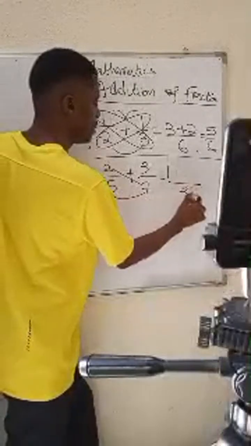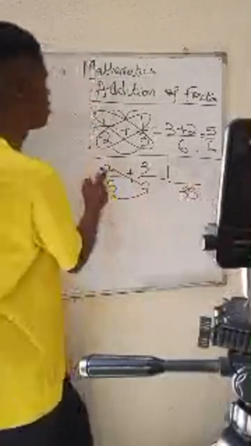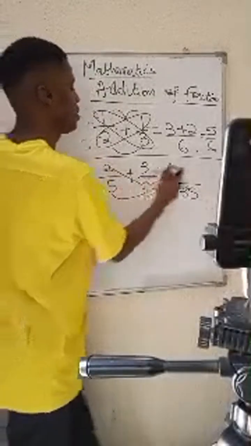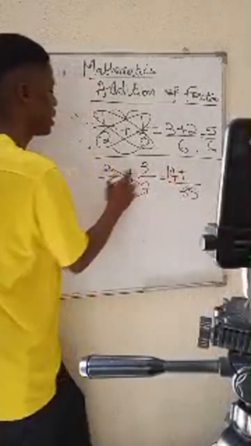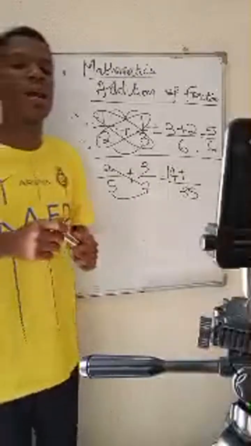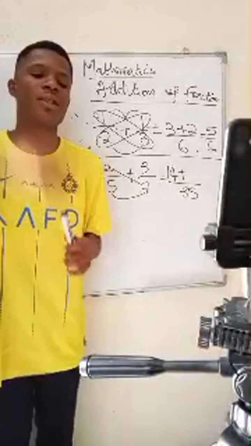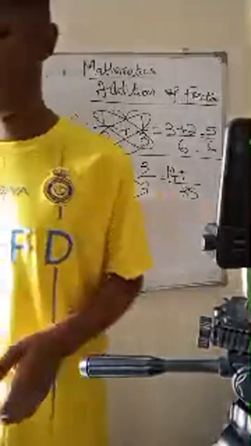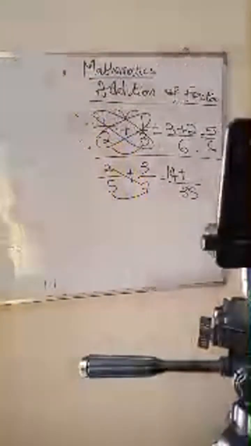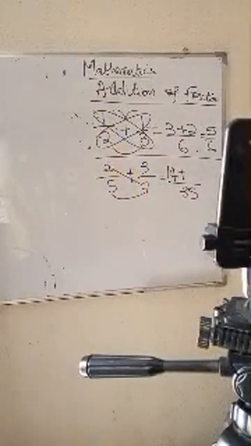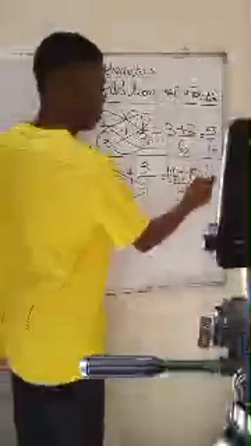Not 15, please. 2 times 7 is 14 plus 3 times 5 is what? What is 3 times 5? 15. Correct. 3 times 5 is 15. Good.